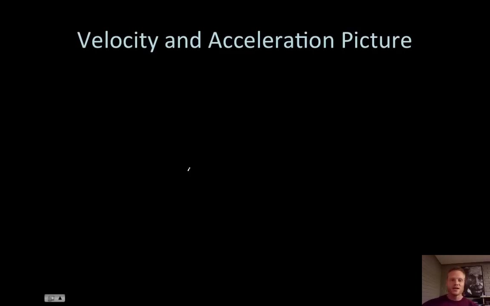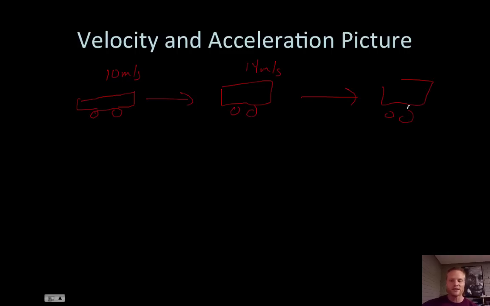So here's just kind of an example of velocity and acceleration. Let's say I have a car here, and again, I wish I was a good artist, so you're going to see all these skills. It's a square car. It's the new model that's coming out. If it's going 10 meters per second to the right, and then let's say at this point it's going 14 meters per second, again going to the right, and at this point it's going 18 meters per second.